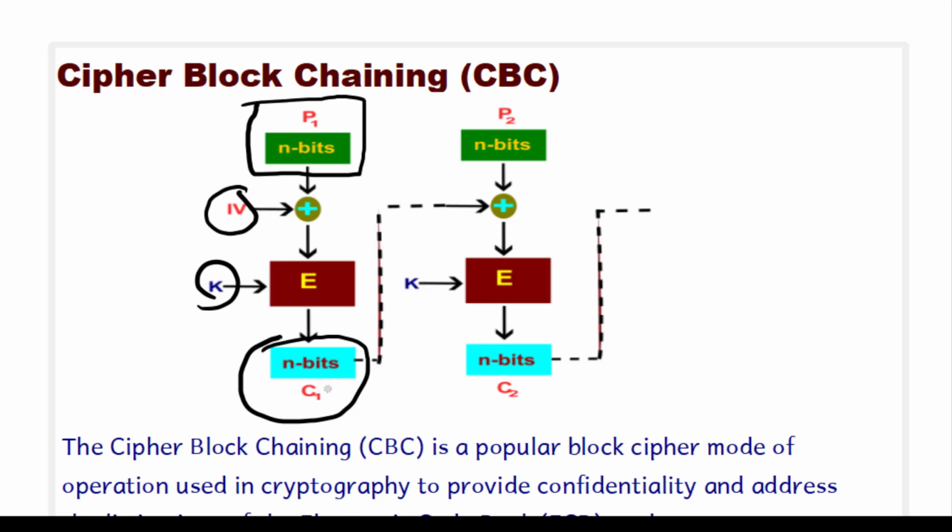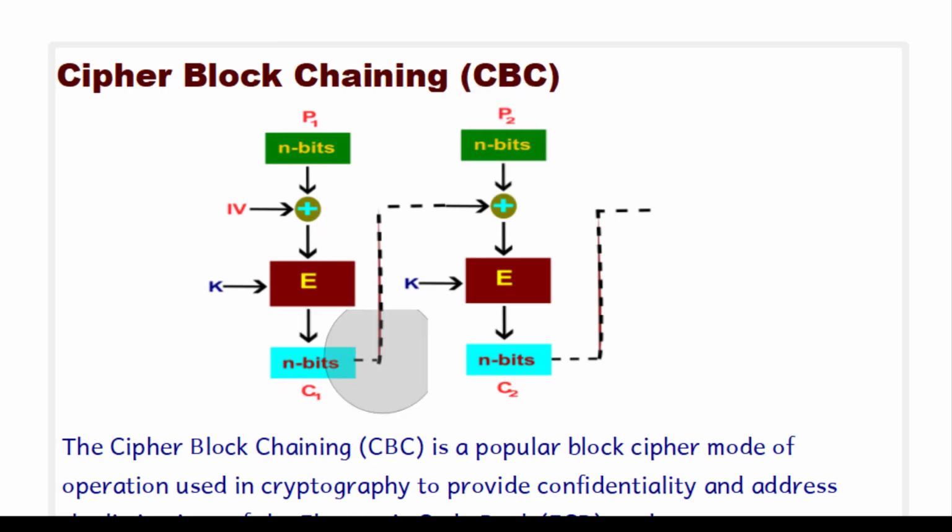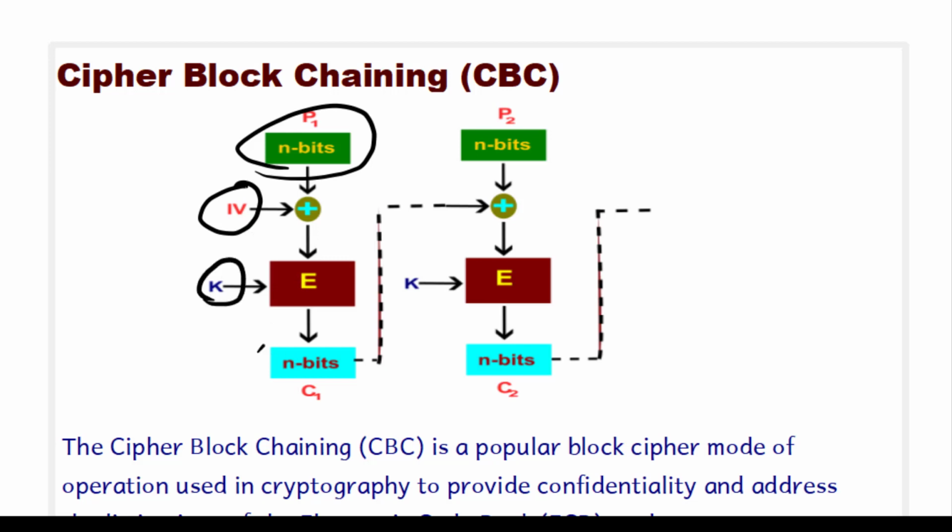Now see, in the first case we have this IV, which is fixed, and the sender and receiver know this. Both the plain text and IV are XORed, and we encrypt that output using a key, and this is the ciphertext.